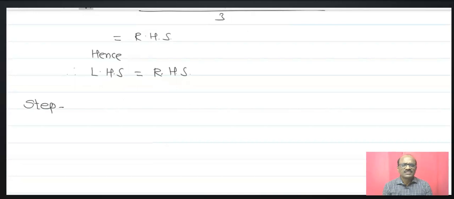Now the next is the induction, step number 4. Here we generalize the result.